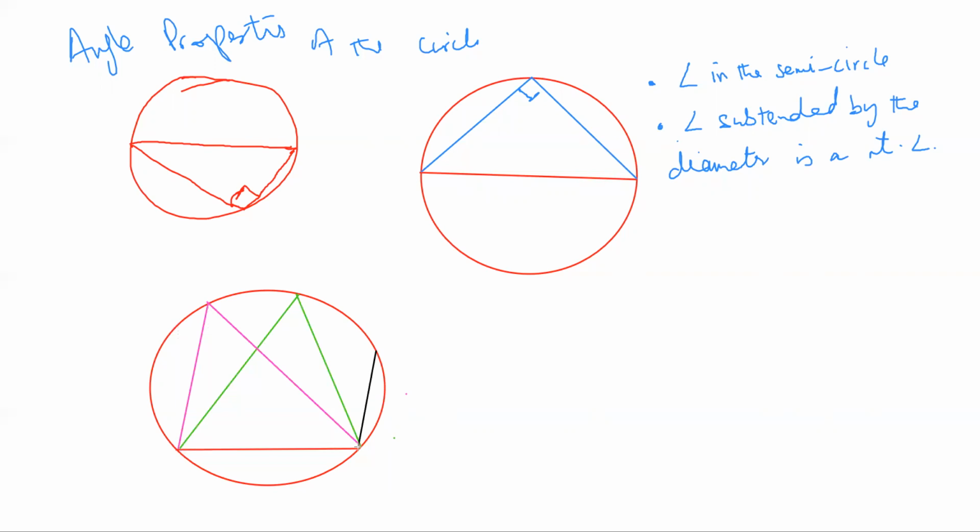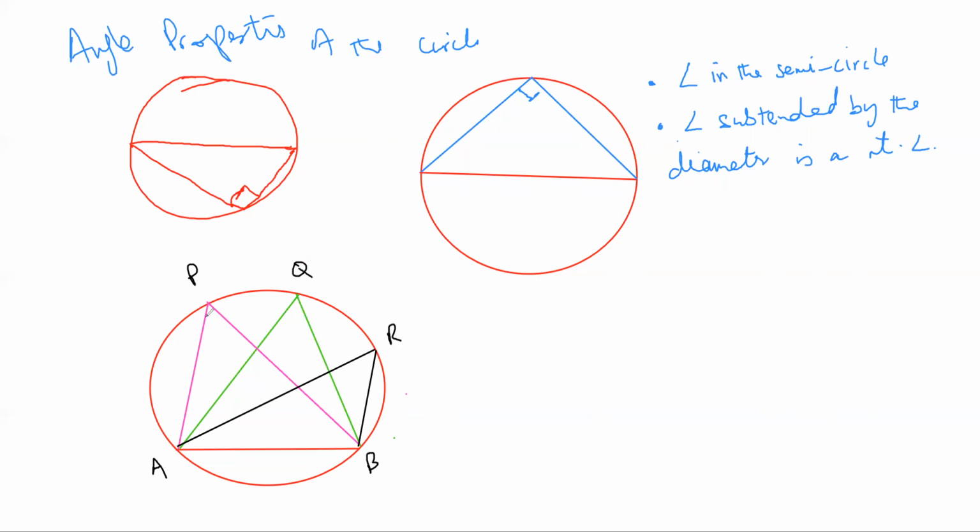From this previously learned property, this is A, this is B, this is P, this is Q, this is R.